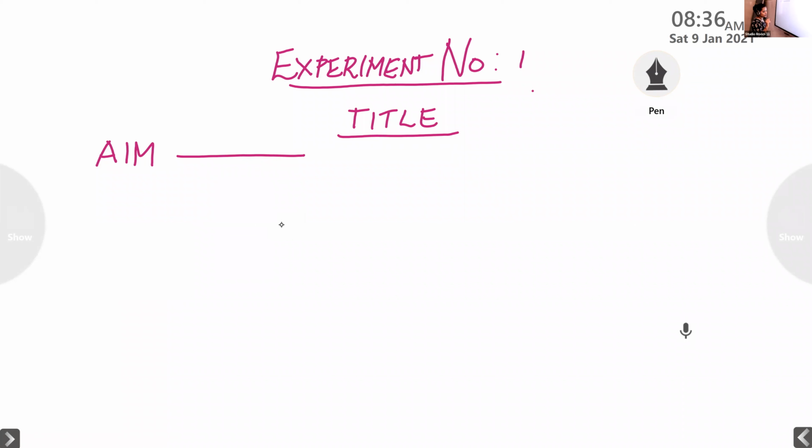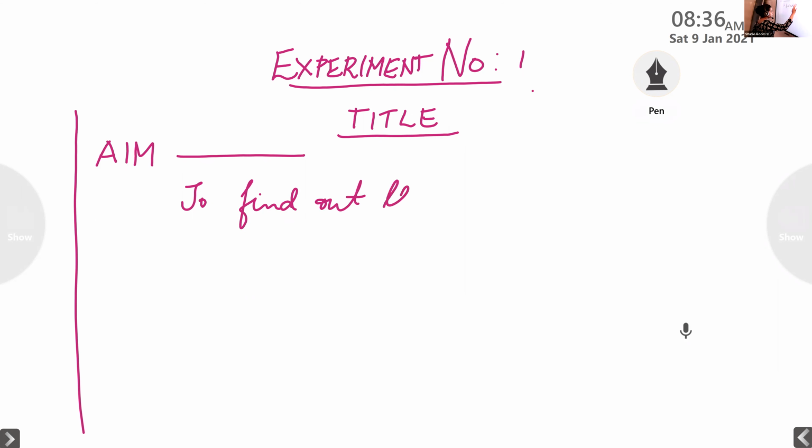Suppose you're trying to find out a memory span. If this is the margin, then you'll start from here: to find out the so and so of the subject using so and so test. That is how you write.